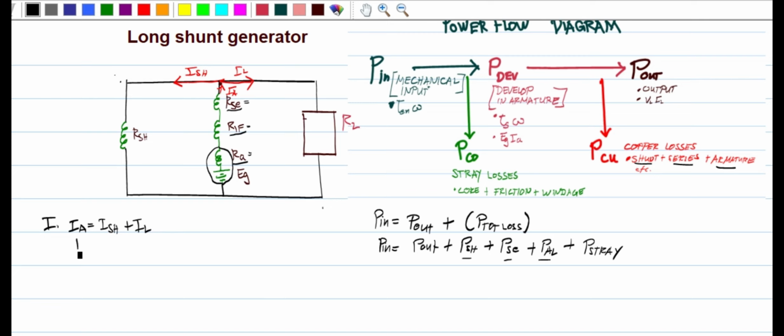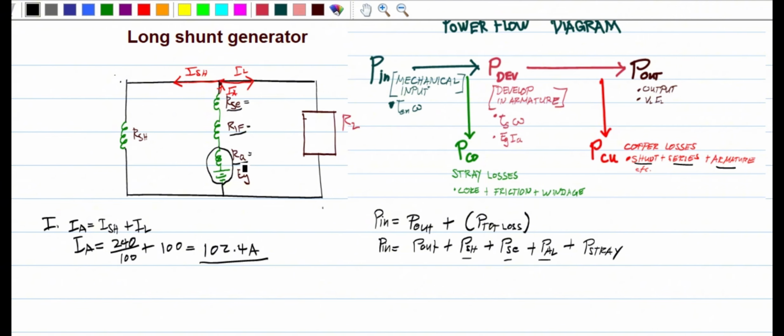ISH is 240, the VSH or the VL, over the resistance RSH, which is 100, plus IL of 100, which is 102.4 amperes.